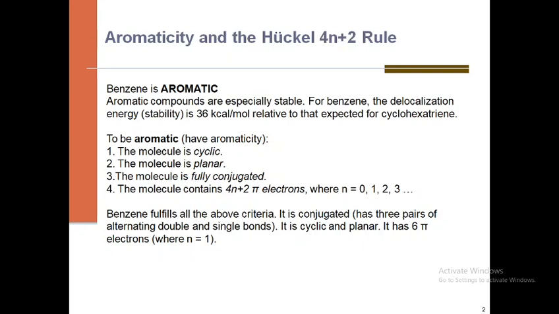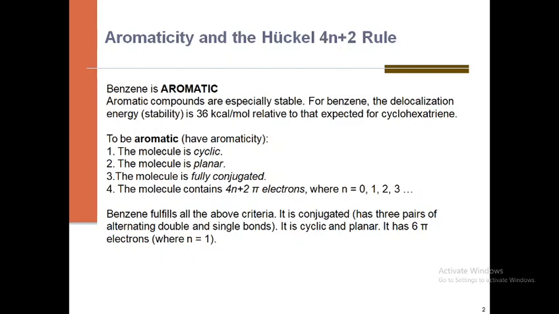We know that benzene is an aromatic compound. In benzene, there are certain conditions it follows, and because of that it is considered an aromatic compound. It is more stable. In benzene, the delocalization energy is 36 kilocalories per mole, which is relatively higher than that expected for cyclohexatriene.